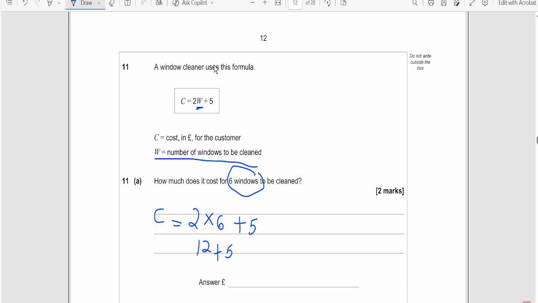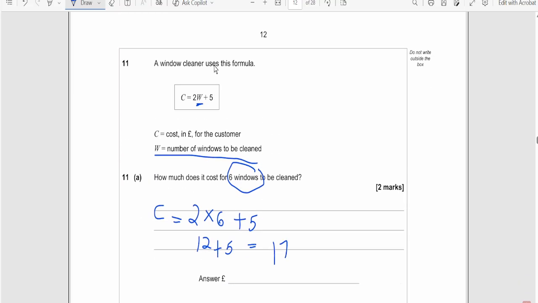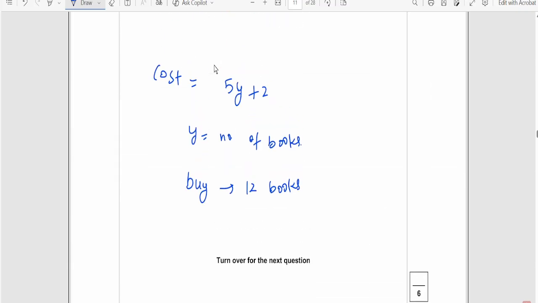Yeah, that was our answer. Should I go up? Yeah.